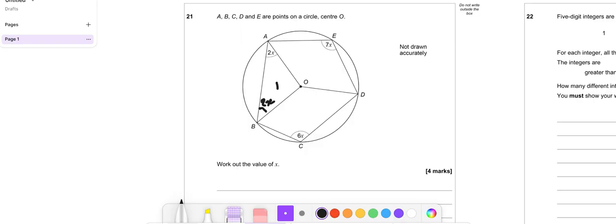So we know that that is going to be 180 minus 4x, because those are both radii. We also know that the angle at the centre is twice the angle at the circumference.